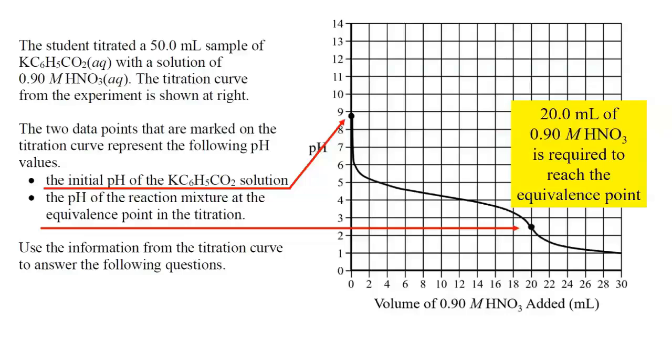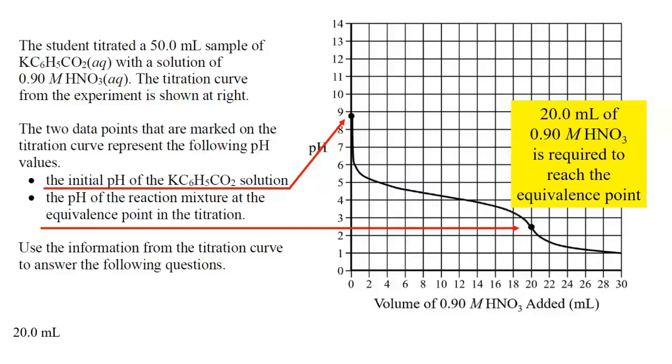So when you are given both the volume and the molarity of a substance, you can always calculate the moles. So even before we take a look at part D of this question, we are already prepared from the information in the titration curve to calculate the number of moles of nitric acid that was required to reach the equivalence point in this titration experiment. So volume of the titrant is 20 milliliters. You would normally convert from milliliters to liters when you are doing molarity calculations.